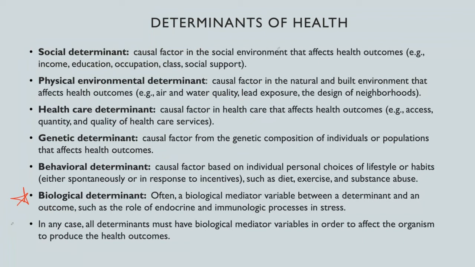For example, some social determinants are income, education, occupation, class, social support. If we don't have enough income, we can't take care of our health. We can't buy organic food or go to a gym or pay for therapy. If we don't have social support, we are going to feel lonely. If we have a job in which we are exposed to noise or to toxins, we are more likely to get a disease.